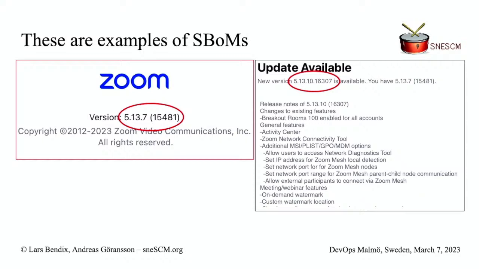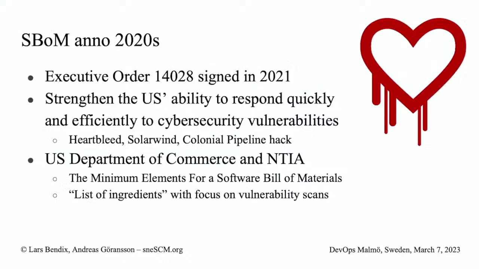All the information that we want to know. And if there's a new update available, don't ask me why they go from 7 to 10, but they did that. Then one of the things that they have as a part of the software bill of material is the release notes. So if we want to know something about the release notes, then we just go and look up the software bill of material by this name. And so it's as simple as that, a software bill of material. Nothing weird, nothing rocket science.